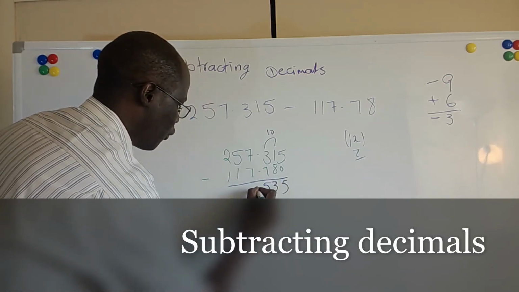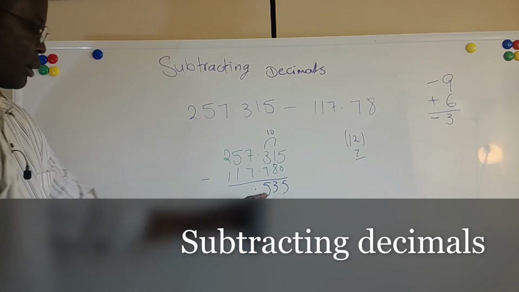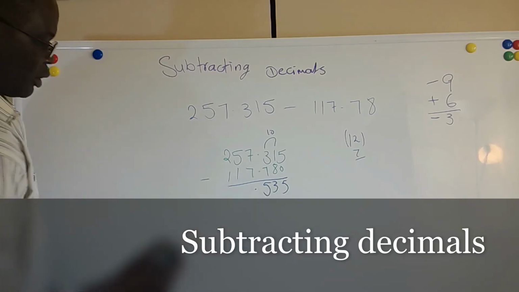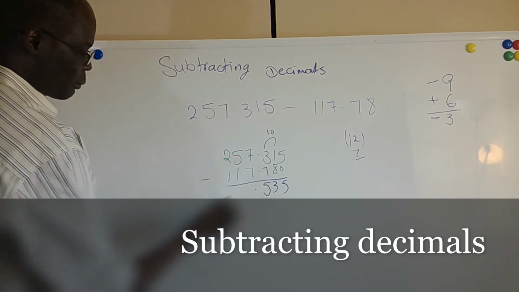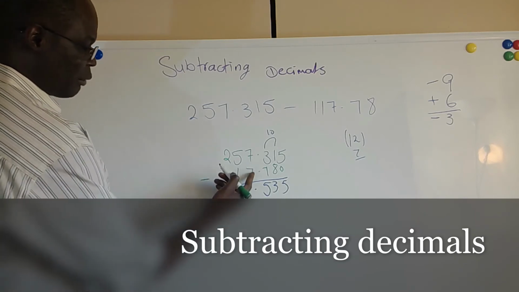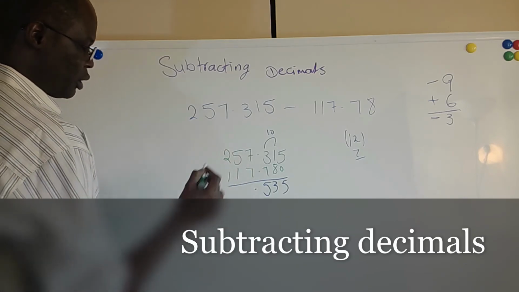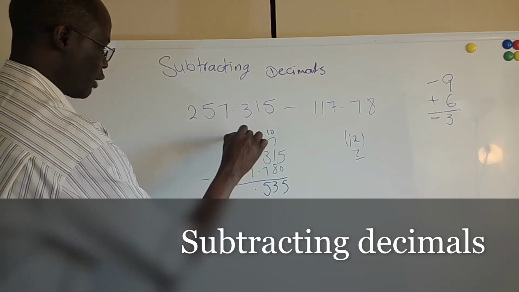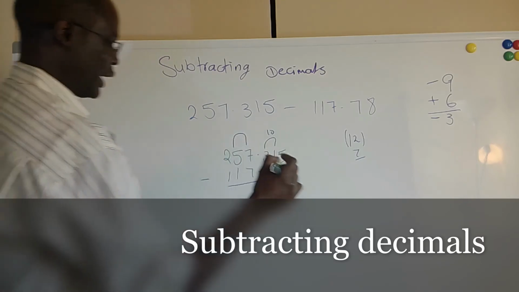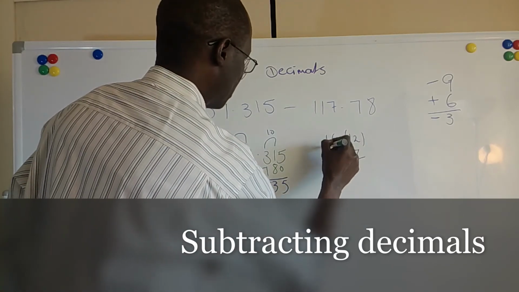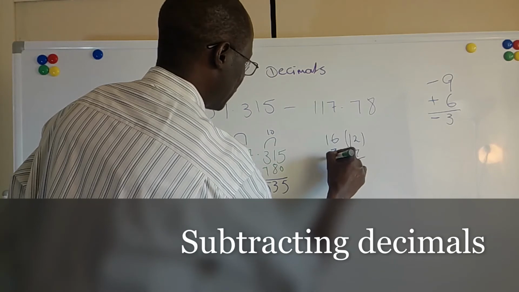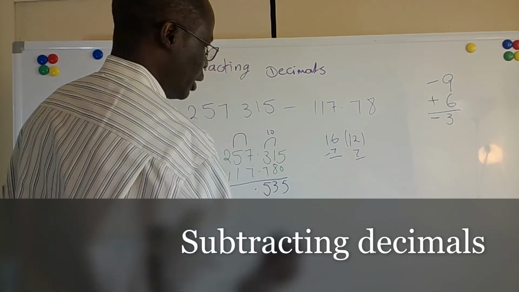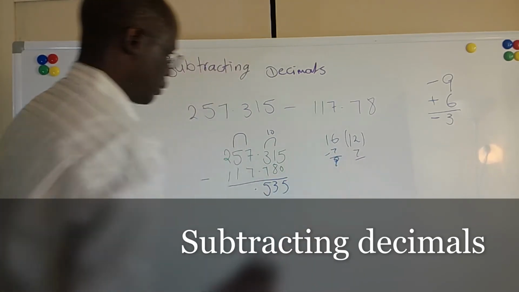And you have a point here for the decimal number. Here you remain with 6, and 7 is greater than 6. You're going to borrow 1 from 5, and you end up with 16. 16 minus 7, meaning you end up with 9.